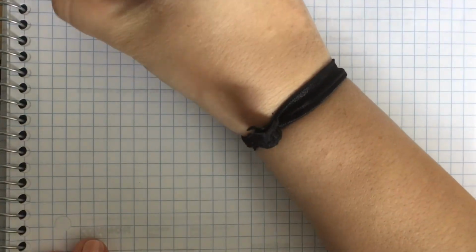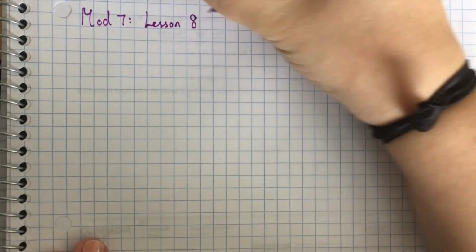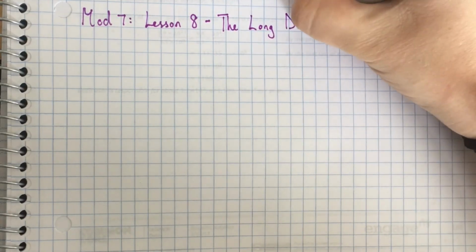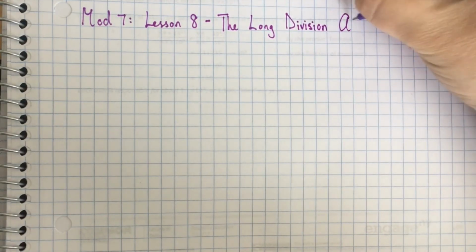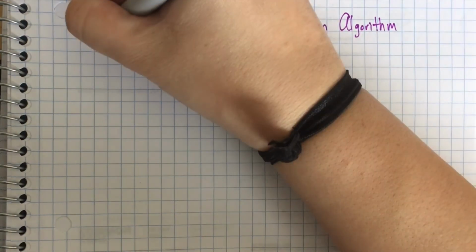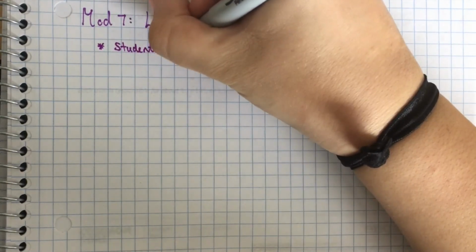Module 7, Lesson 8 is going to talk to us about the long division algorithm. Now, a lot of us do not particularly enjoy long division, but if you remember the process, it's really just procedural. We have a couple of learning targets here.